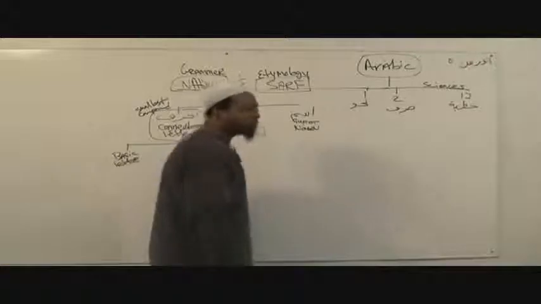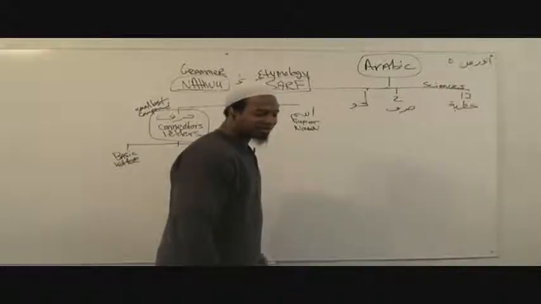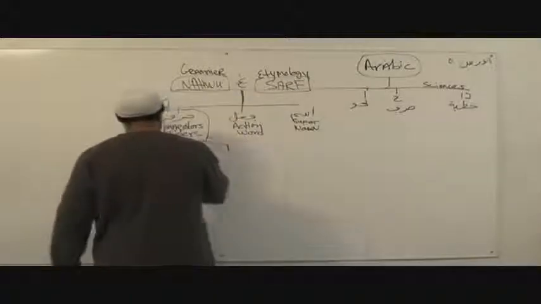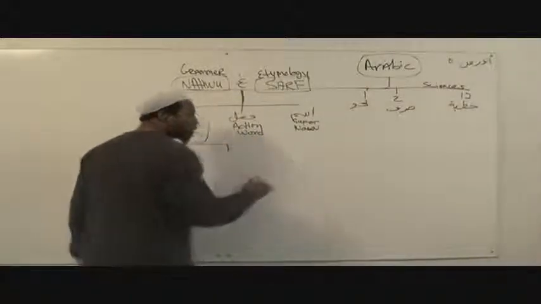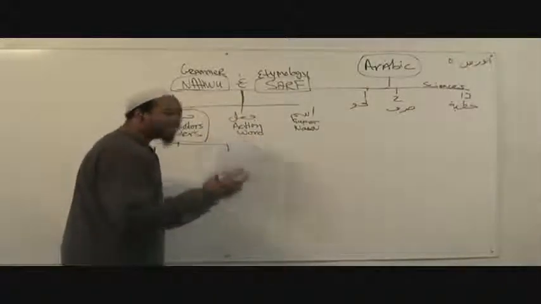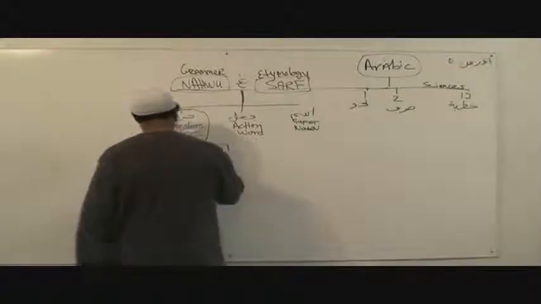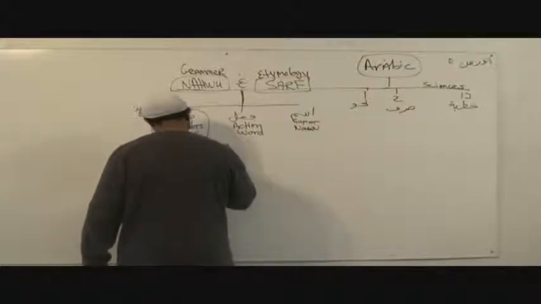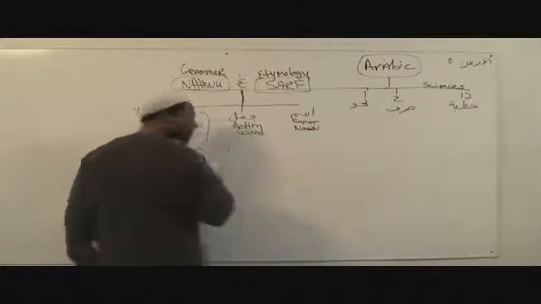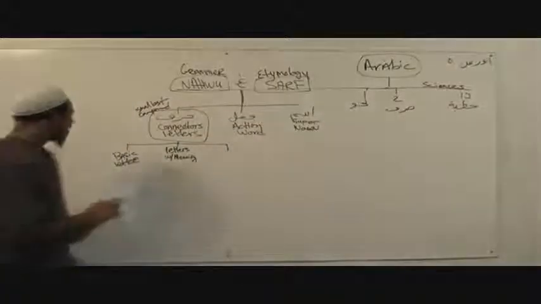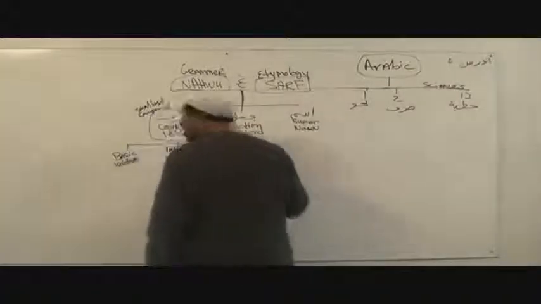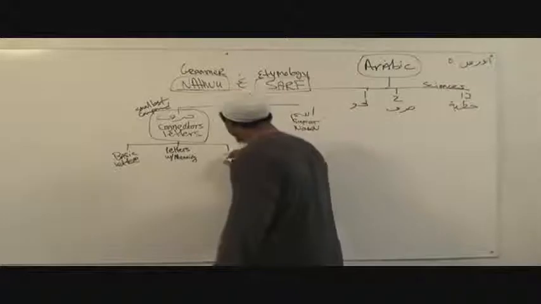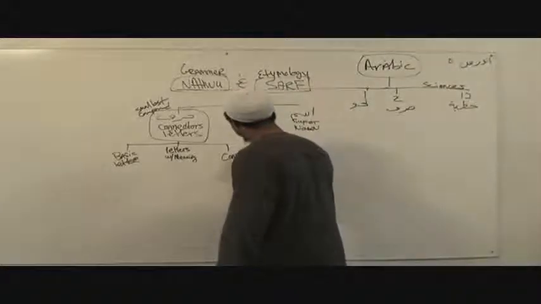The second one is the letters with meaning. Then the third part of harf is the connectors.